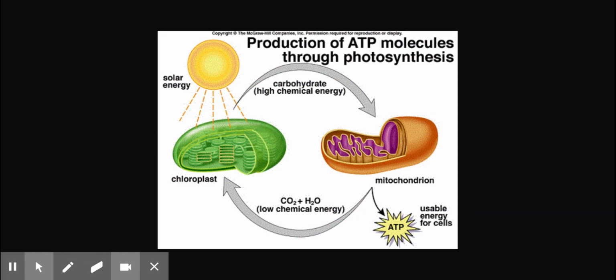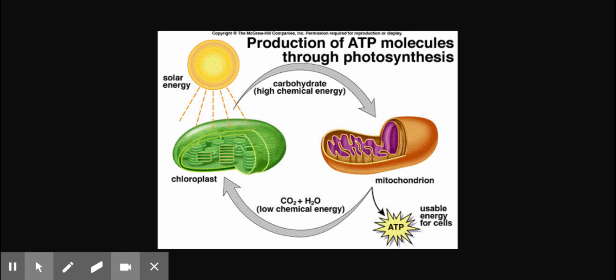The reactants for cellular respiration are sugar and oxygen, and the products of cellular respiration are ATP, water, and carbon dioxide. This process occurs, for the most part, in the mitochondria of the cell. And effectively, it's just ripping apart the sugar to release the energy that was stored in there. That energy is then used to make ATP.